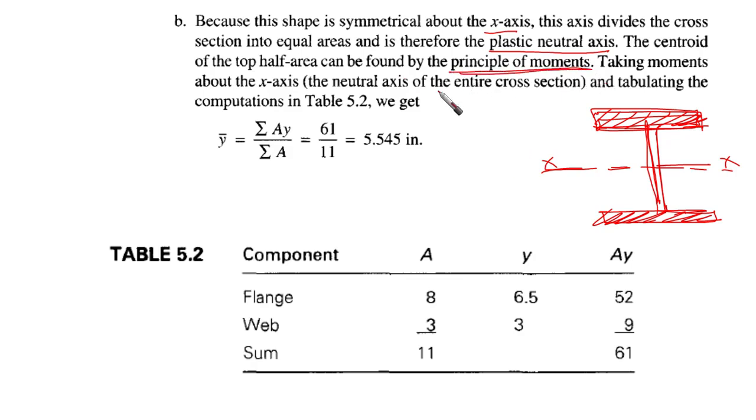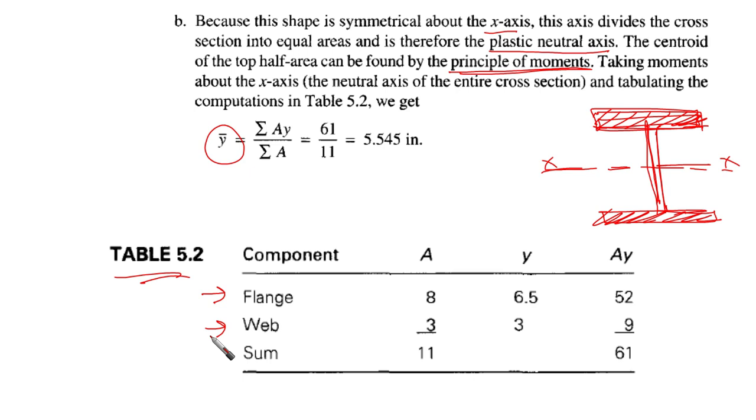Taking moments about the x-axis, the neutral axis of the entire cross section, and tabulating the computations in this table, you can obtain y bar. You are going to find that we have two components here, related to the flange and the web.